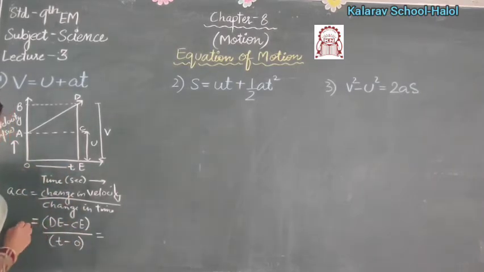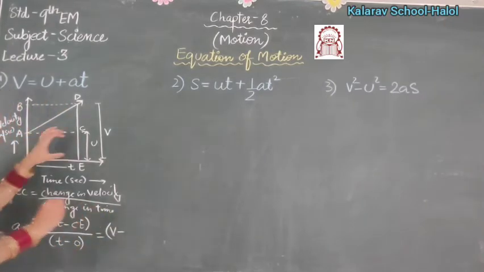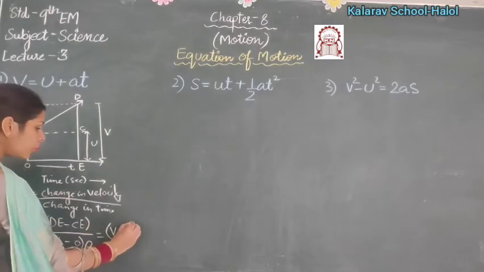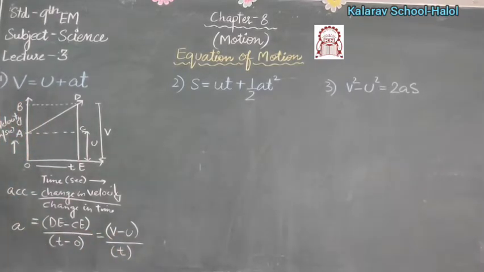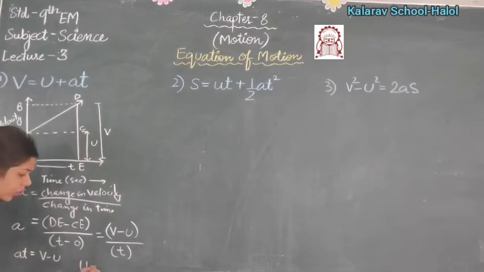So DE is v and CE is u. So t minus 0 is t. So what do we get? We get at = v minus u. After a simple rearrangement, we have to calculate v.